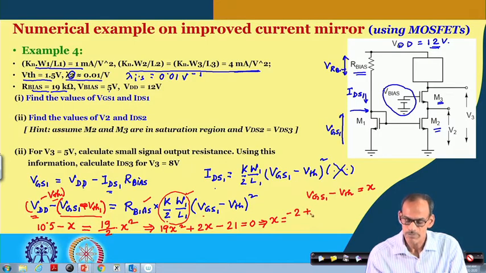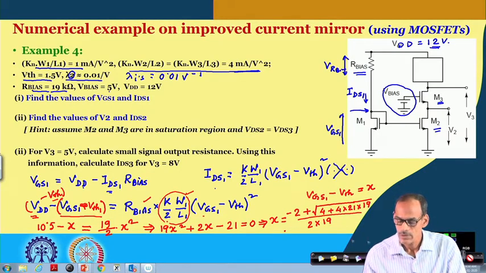We have to consider only the plus term, because we are considering VGS − VTH should be positive. In fact, that gives us a solution x equal to 1.